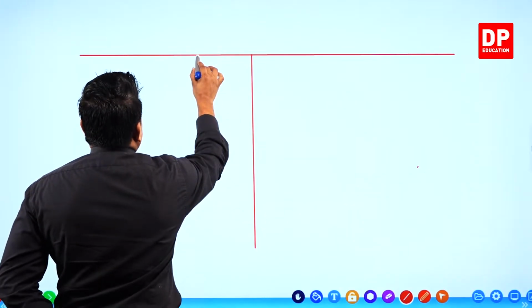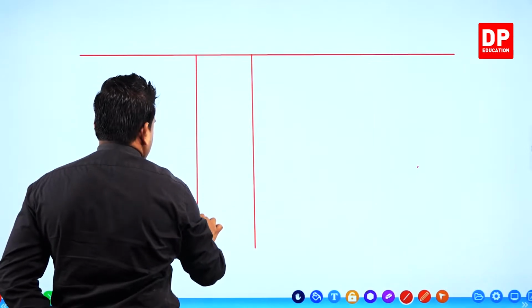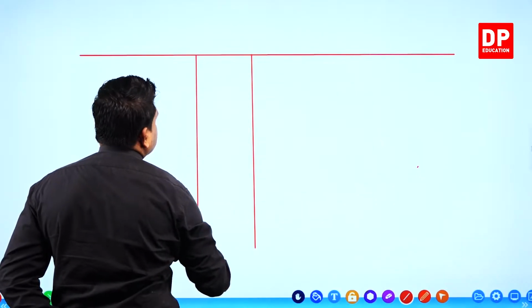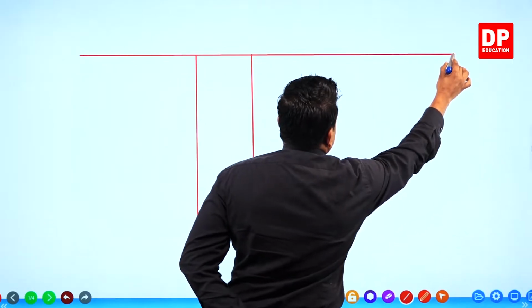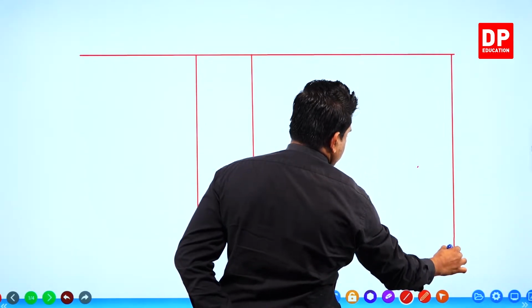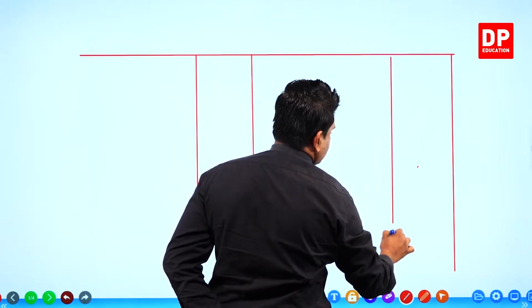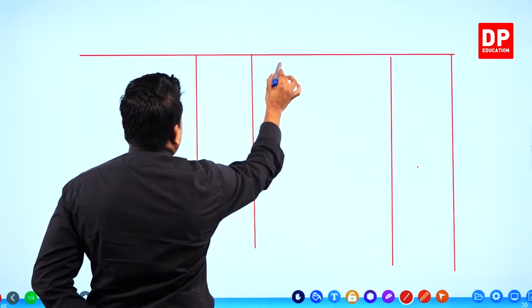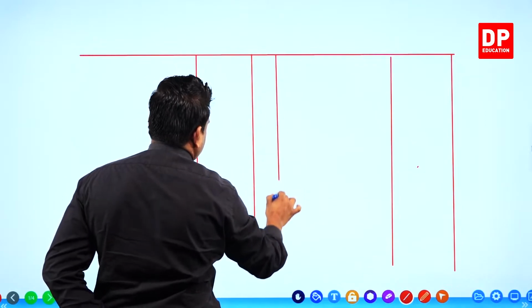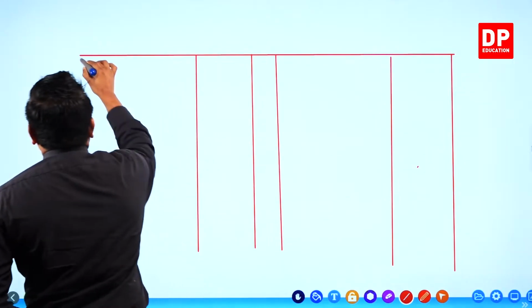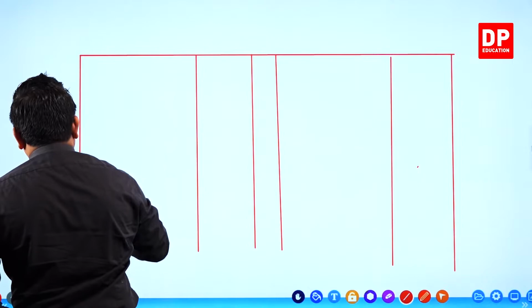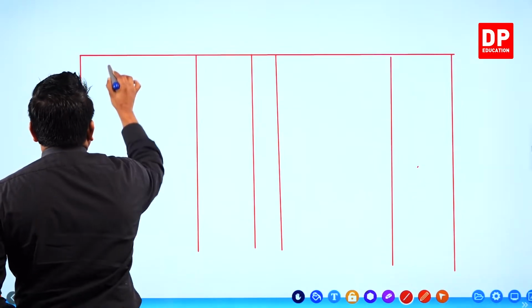To write the values, you can draw columns like this. This is a debit column, this is a credit column, right? If you want, you can add a date column here. Date column, description, and a value column for cash is enough, right?